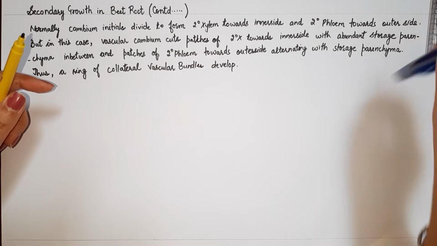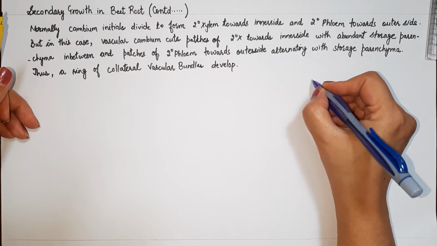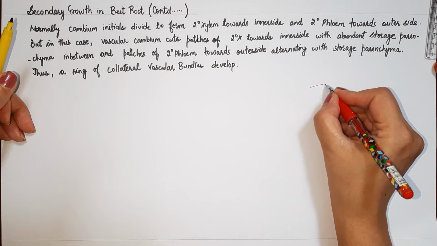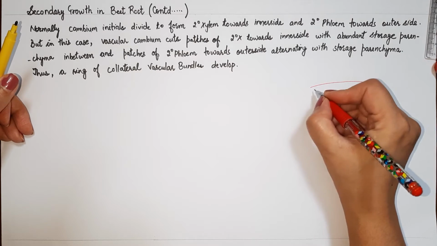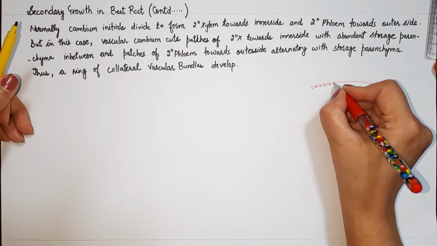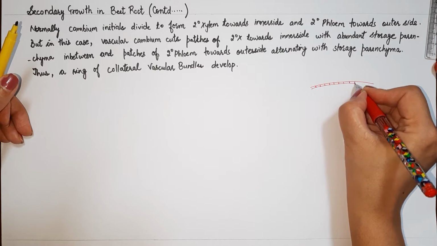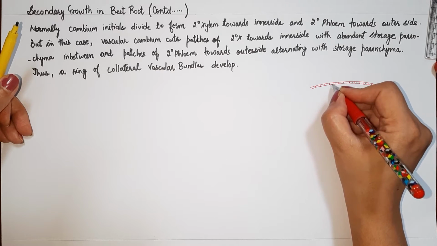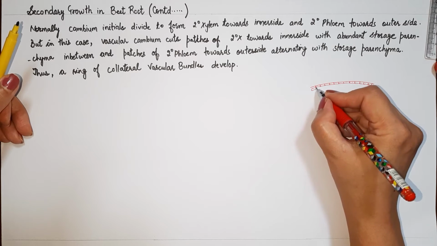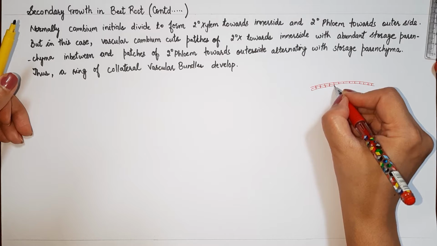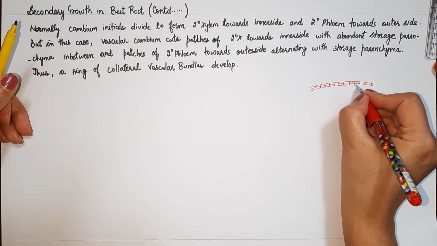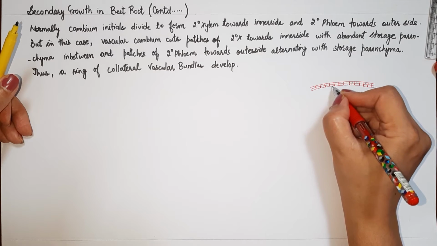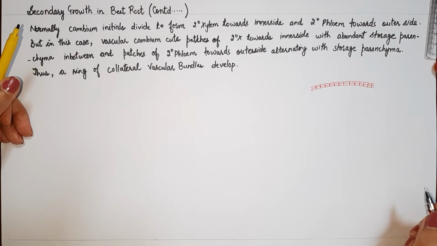So, we can represent it in the form of a diagram. Let us suppose, I am going to show only the activity of cambium. Okay. So, we have cambium initials, let us make it 2 layered, you can make it 2-3 layered. And they should be aligned properly.